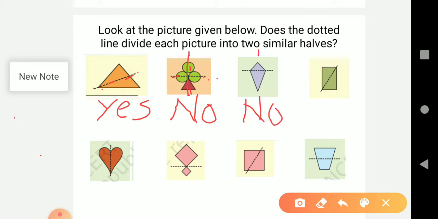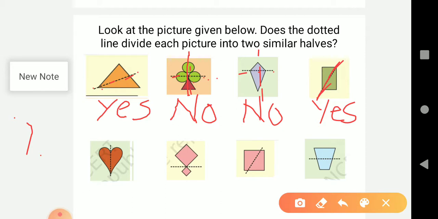Because if the line is given like this, then it is two equal halves, but here the line is not proper, that's why no. Can you tell me, is this two similar halves? Yes, very good. So we write yes for it, because the dotted line divides this shape into two equal halves.